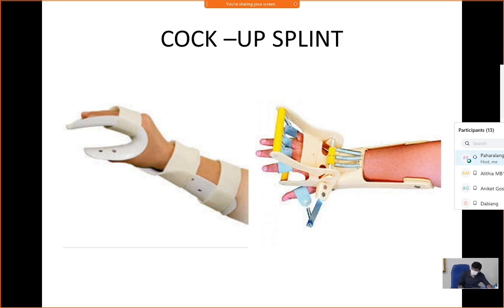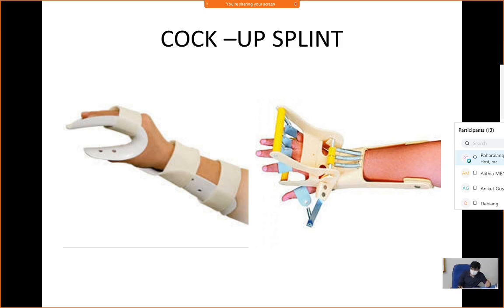And there are two types. One is static and one is dynamic. The left side one is static, and the right side is dynamic. This is static. You cannot move the wrist with this one, but in dynamic you can do range of motion exercise. You can see there are some springs attached in the dorsal area. In wrist drop, the palmar muscles are working, so you can palmar flex the wrist.